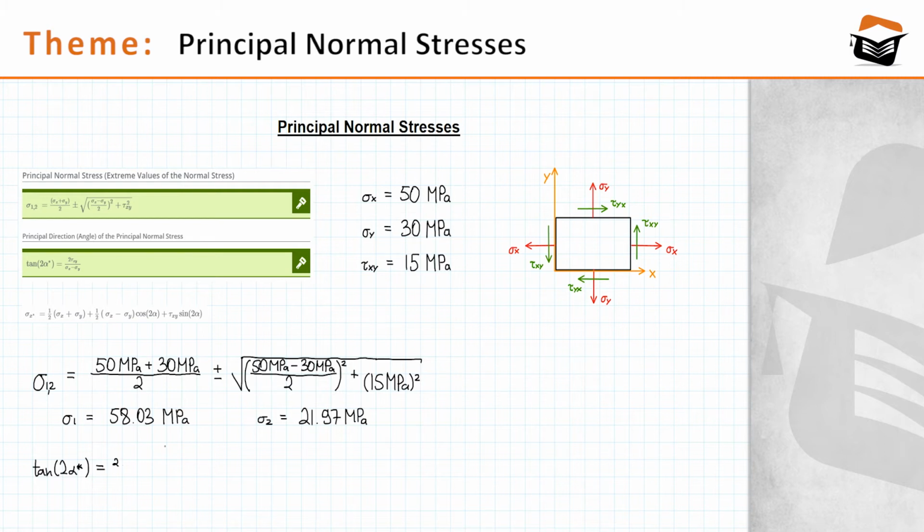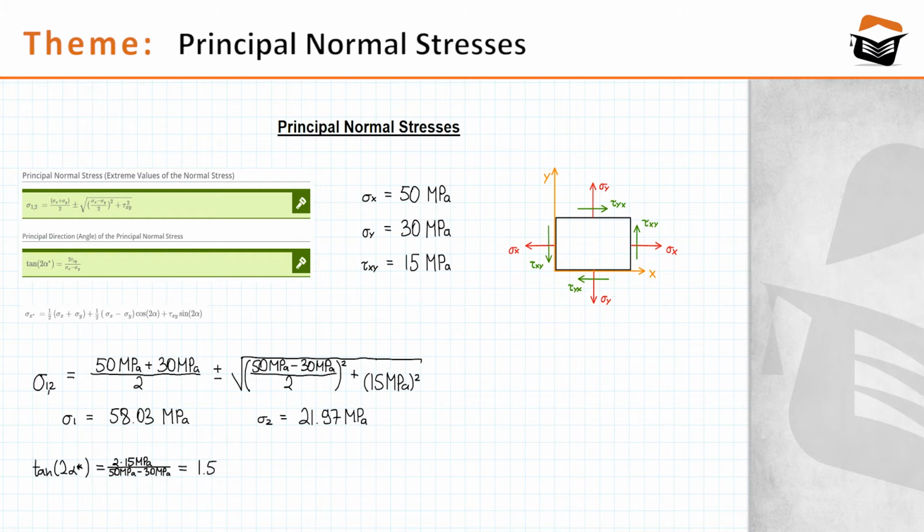Tau xy is 15 megapascal, so it's going to be 2 times 15 megapascal, divided by sigma x minus sigma y. So that's how you calculate the tangent of 2 times alpha star. And that is equal to 1.5.